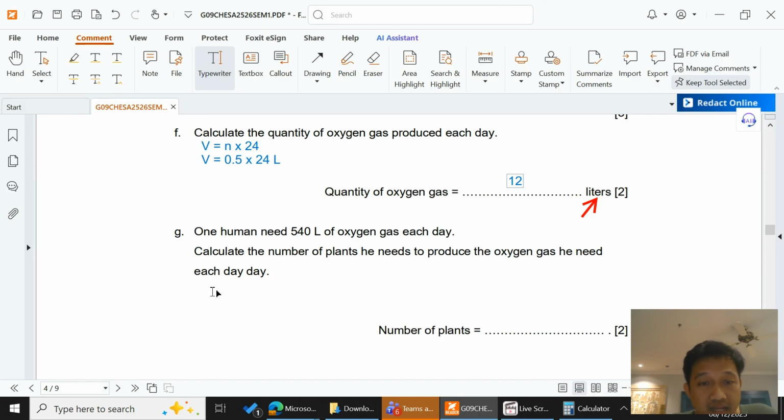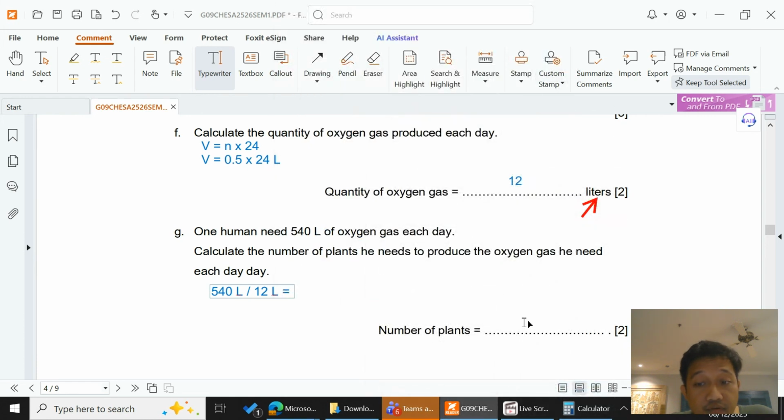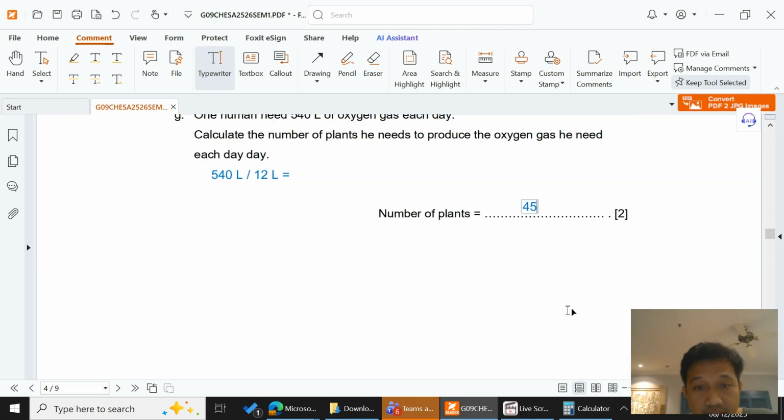So if the person needs 540 liters of oxygen, we have to divide this with the amount of oxygen created per plant. Then we get the number of plants. Let's use the calculator to make it fast. 540 divided by 12 is equal to 45. It's 45 plants. Okay, that's the number of plants.